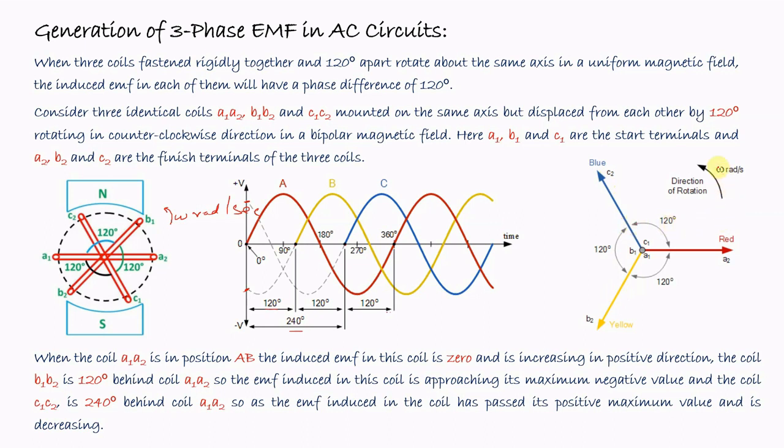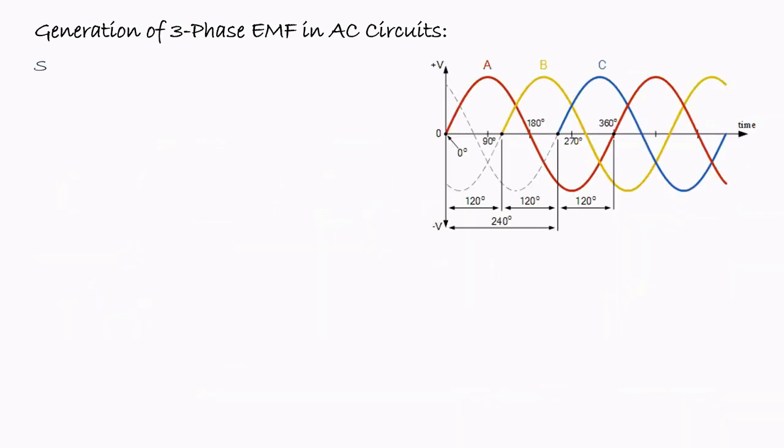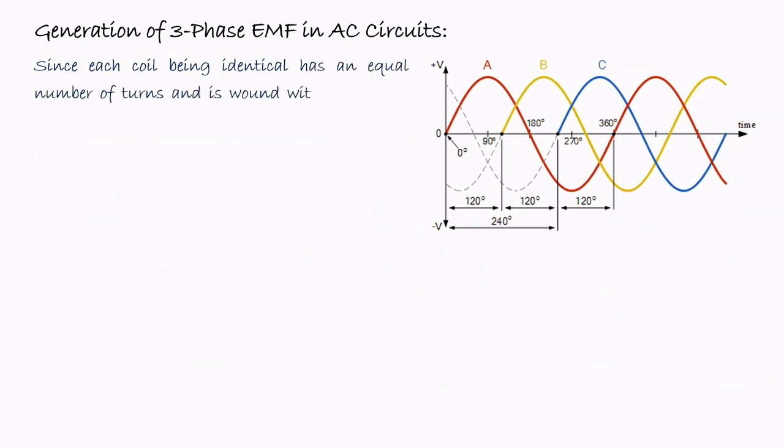Remember one thing here, the phasors are rotating in anti-clockwise direction. So this is the rotation of the three voltages. So again, we have shown the waveform of the three-phase voltages.